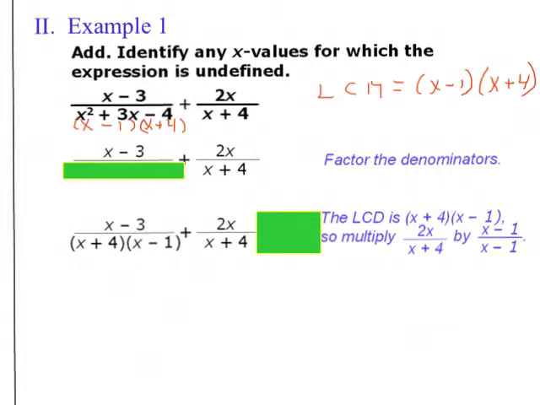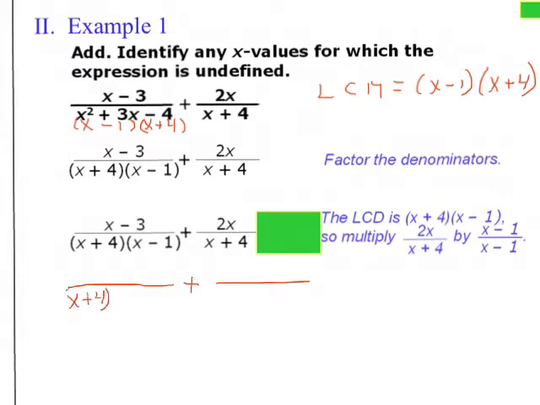Okay, so, let me show the next step in the problem. So I'm going to uncover this here, and it shows the factorization of it. And so, now my least common multiple. Now, notice here, my least common denominator is going to be x plus 4, x minus 1. Okay, so let me write that here as well. x plus 4, x minus 1.